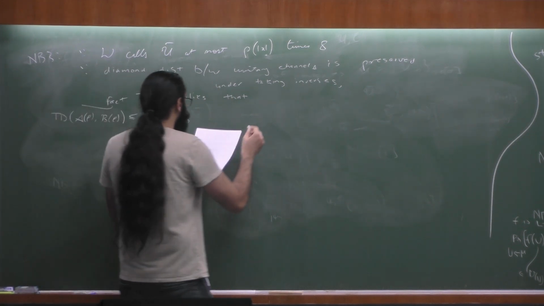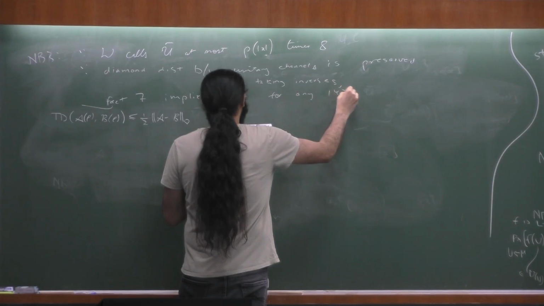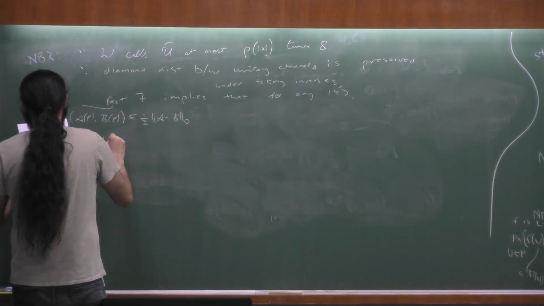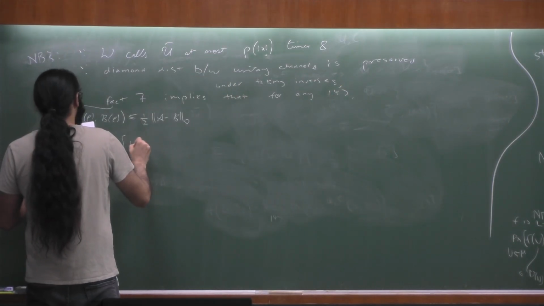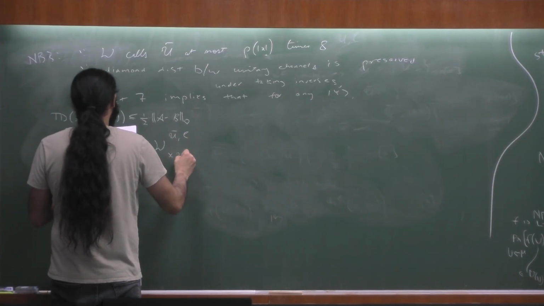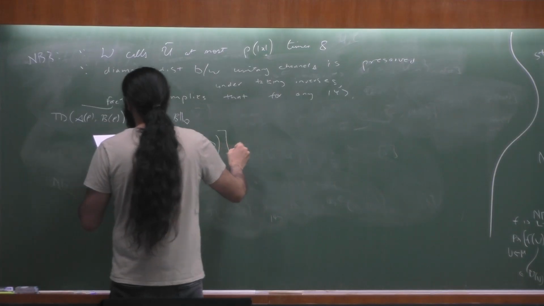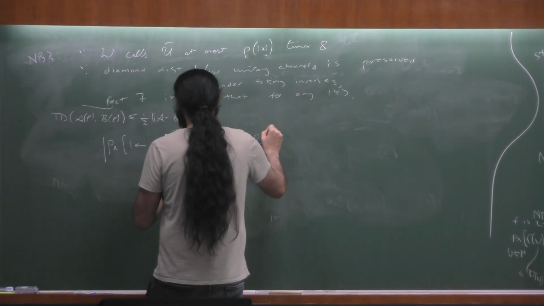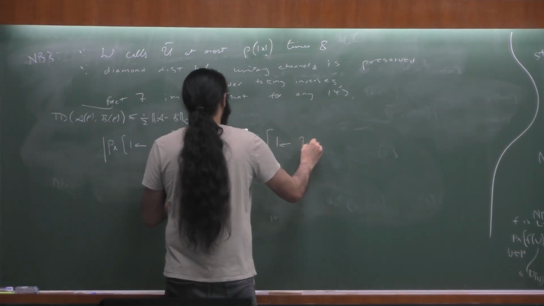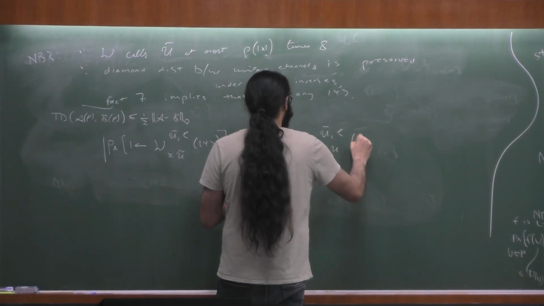Okay, so Fact 7 implies that for any psi, we have the probability 1 of u bar, c_x, u tilde, psi, minus the probability 1 of W, u bar, c_x, u, psi.